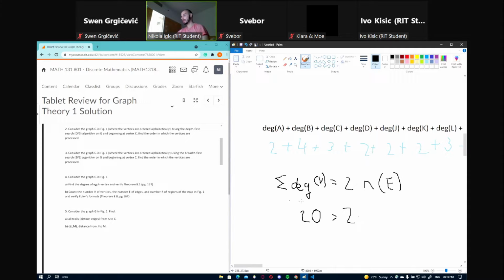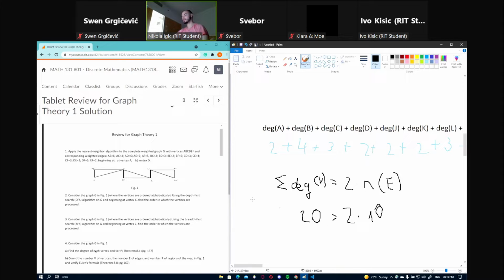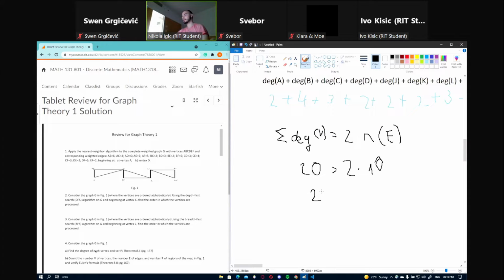And because you counted this, you know it's 20. 2 times n, and n is the number of edges, which is 10. And how do I know it's 10? Because I'm sure we wrote this correctly, but if you count 1, 2, 3, 4, 5, 6, 7, 8, 9, 10. And 20 is equal to 20.